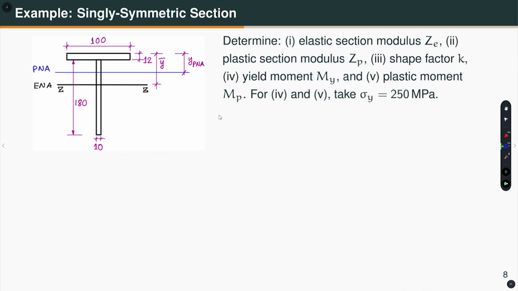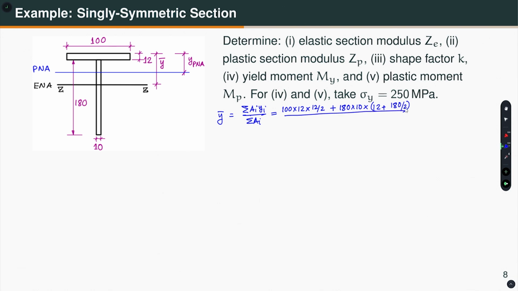So, y bar is basically, as we all know, summation A I y I divided by summation A I. So, I have this one, 100 into 12 into the distance I am measuring from the top fiber, so 12 by 2, plus then I have 180 into 10 into the CG, here this is 12 plus half of that, so 12 plus 180 by 2, divided by the whole area.